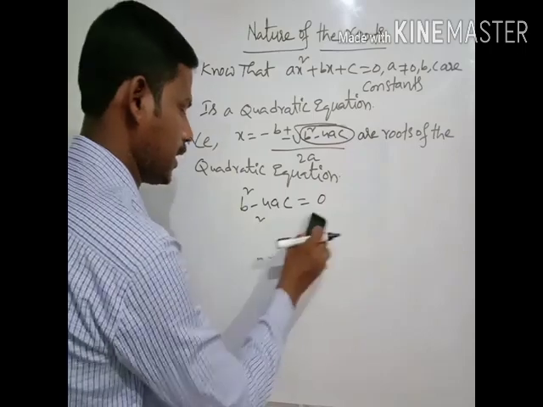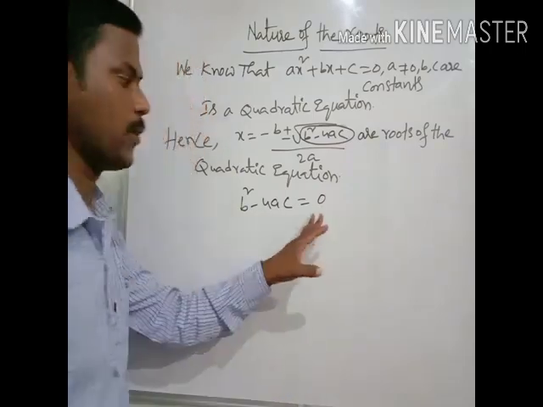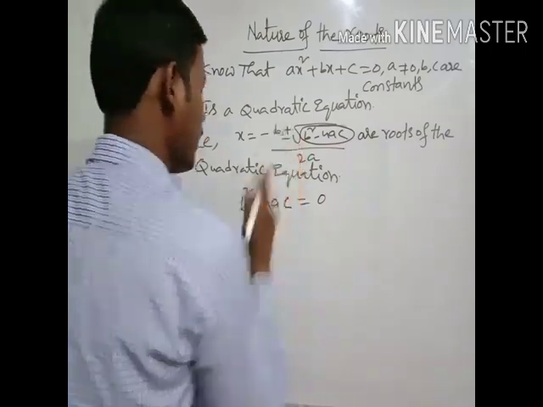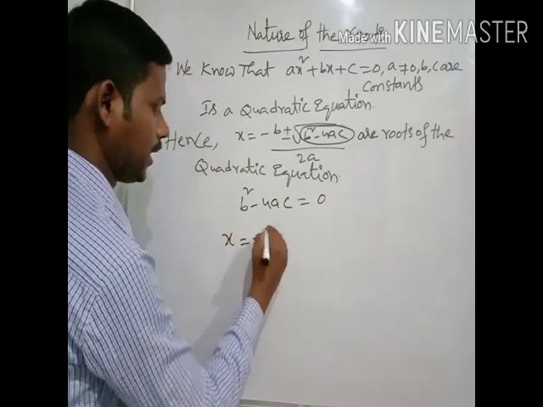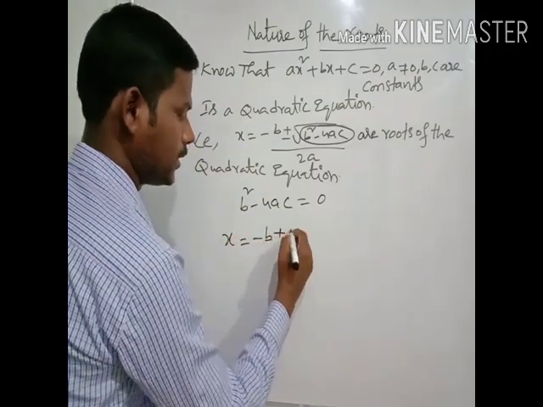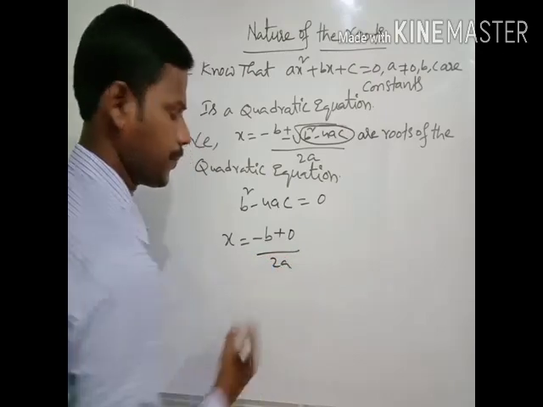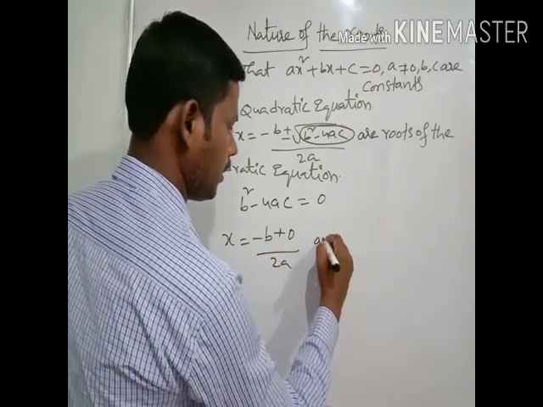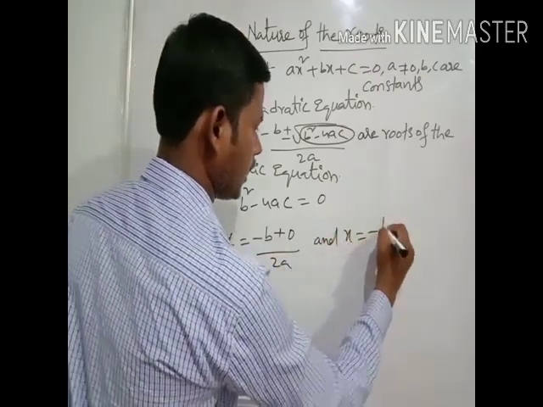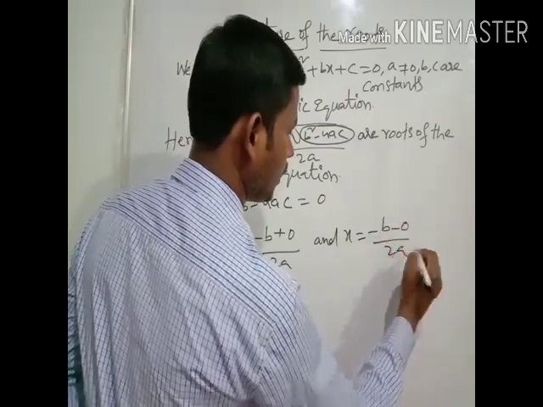But our assumption is, if b² − 4ac is 0, then what happened? x = (−b + 0) / 2a and x = (−b − 0) / 2a.